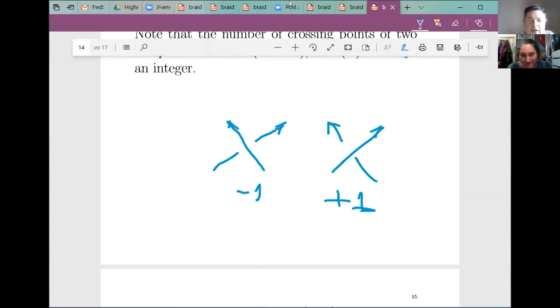Yes. Okay. So you look. Everything is happening on your table, in R2. You have a standard orientation, which comes maybe from complex numbers, from 1 to i.